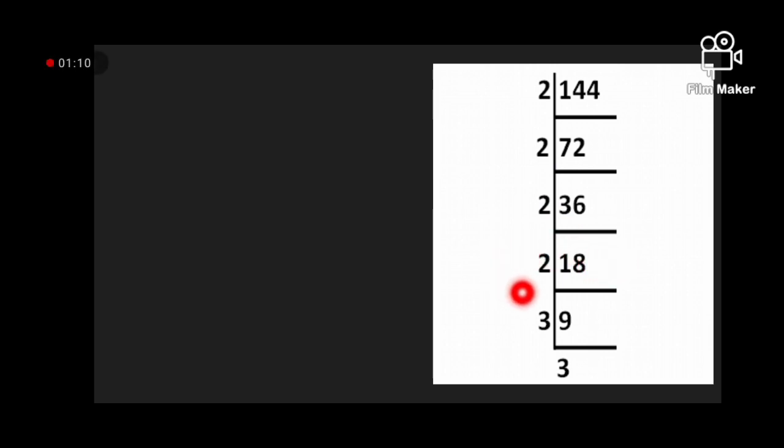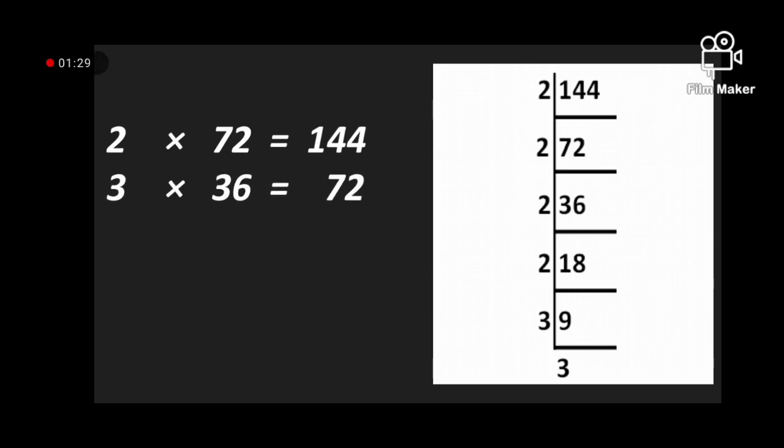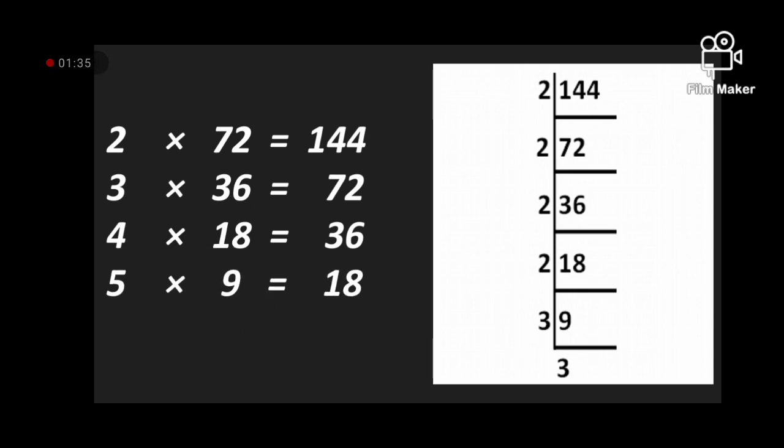Now we got 9, but 9 is not an even number, it is an odd number, so we will divide it by 3. 3 threes are 9. Now the factors are 2 multiplied by 72, 3 multiplied by 36, 4 multiplied by 18, and 5 multiplied by 9, and 3 multiplied by 3.